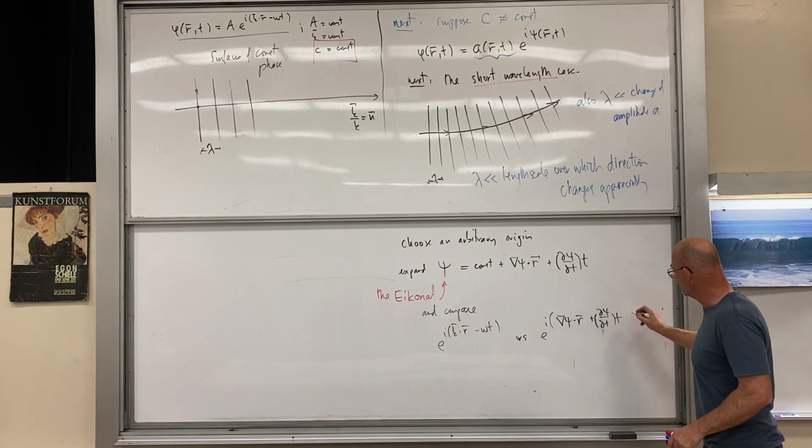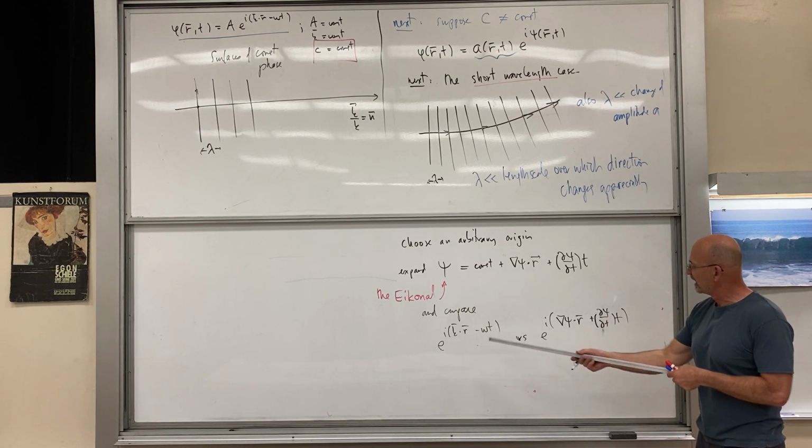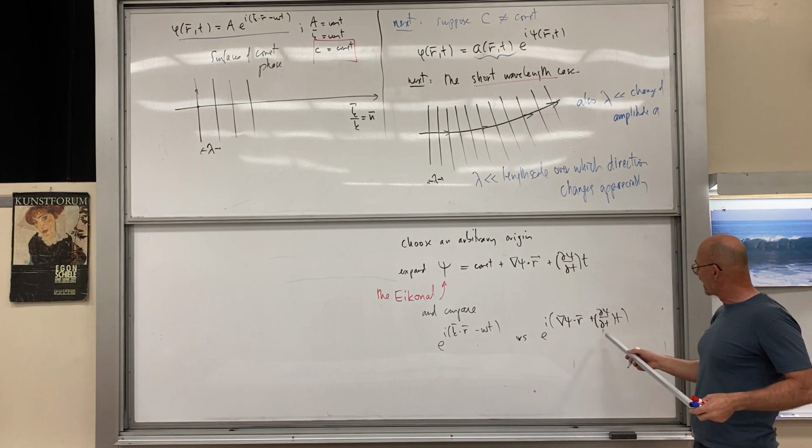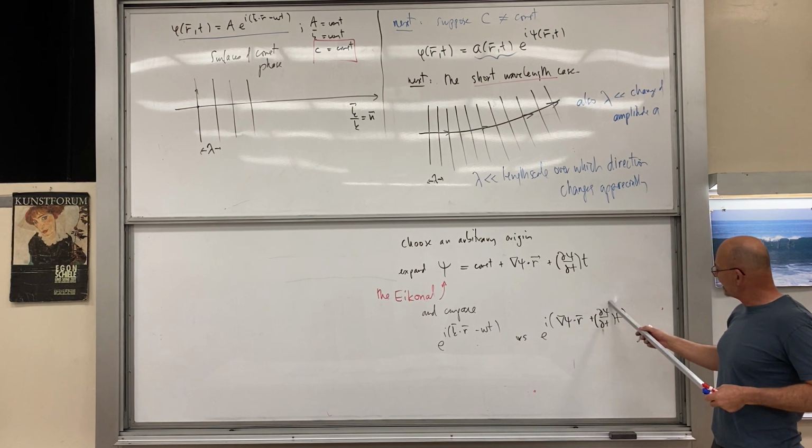So we're comparing these, and what we see is that we can identify k with the gradient of c, and we can identify omega with minus dc/dt.